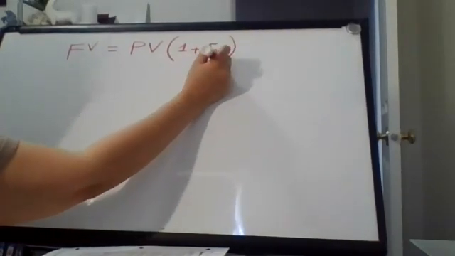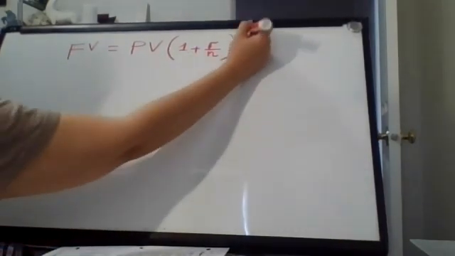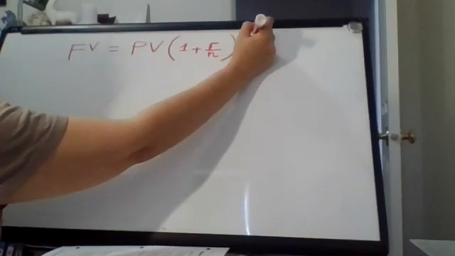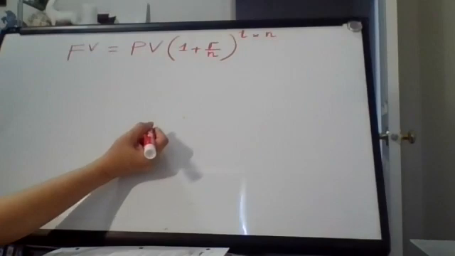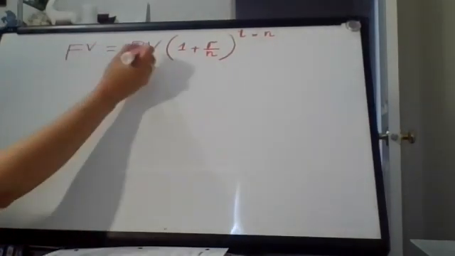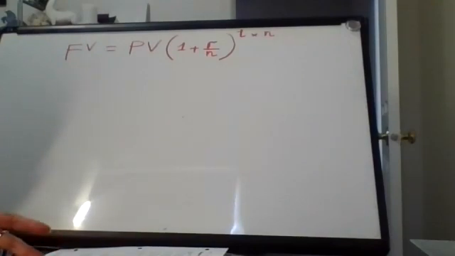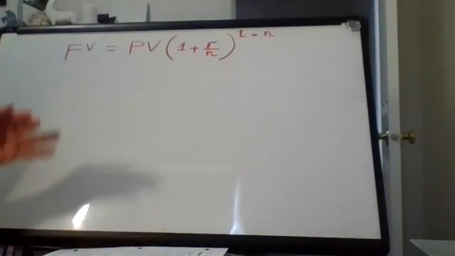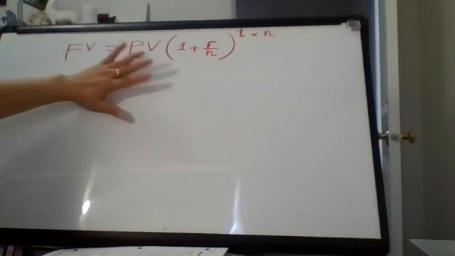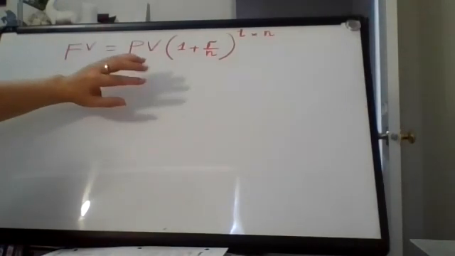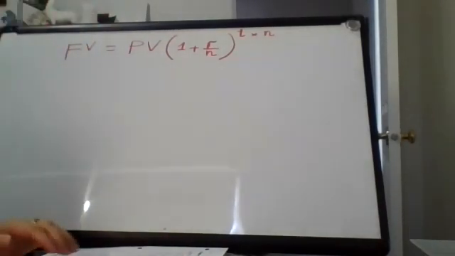You have to divide the annual rate by the number of periods, all to the power of T times N. Okay, so make sure you write this formula before you do compound interest. If you deal with compound interest, you use the compound interest formula. If you deal with simple interest, you have to use the simple interest formula, okay?